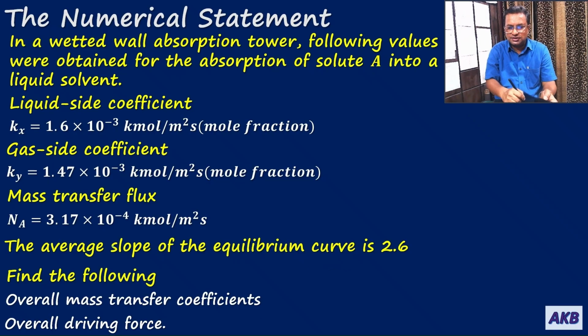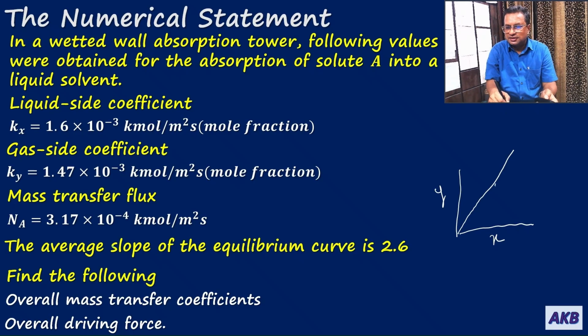In this case, let me just show you the equilibrium curve, where you are plotting equilibrium y and x values. The equilibrium curve is assumed to be a straight line, and the average slope of this equilibrium curve is given as 2.6.